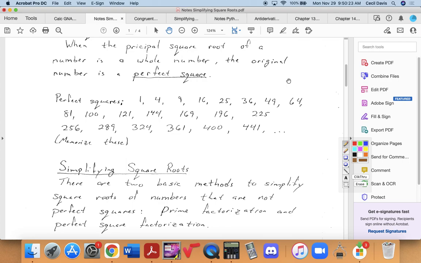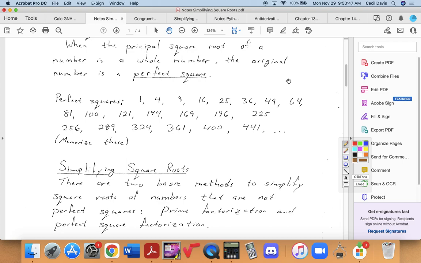You guys listed most of these. 25 didn't get listed, interestingly enough, nor did 81 or 100. But you need to know more than you probably know off the top of your head. You need to know that 13 squared is 169, 14 squared is 196, 15 squared is 225, 16 squared is 256.